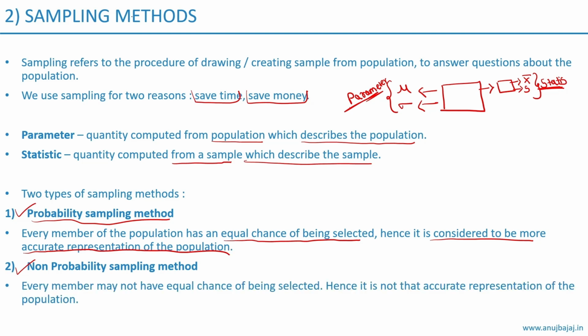Whereas in a non-probability sampling method, every member, that is every observation, may not have an equal chance of being selected in the sample. Hence, the sample generated from a non-probability sampling method may not be that accurate a representation of the population. In probability sampling, we will look at 4 different methods, and in non-probability sampling, we will look at 2 different methods.